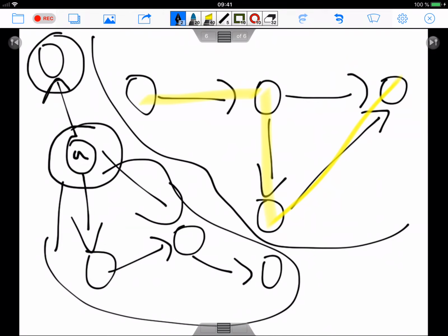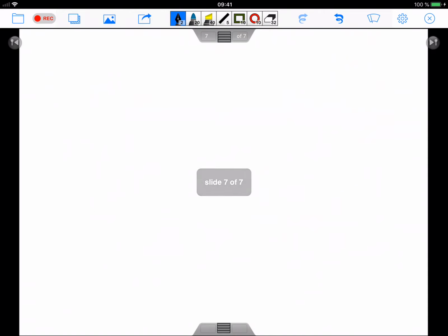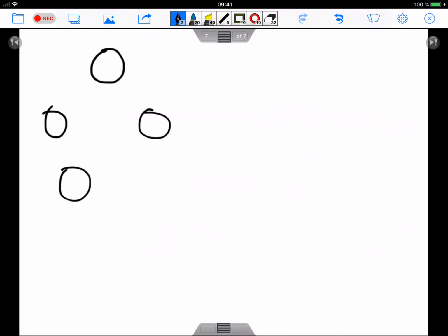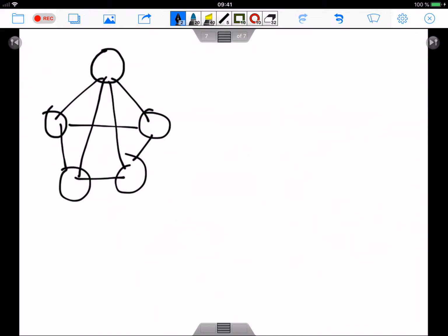Okay, so let's do an example of a tournament and how to apply the algorithm that we have just studied. So let me first draw a tournament. Remember that a tournament is a complete graph in which we give direction to all the arrows.